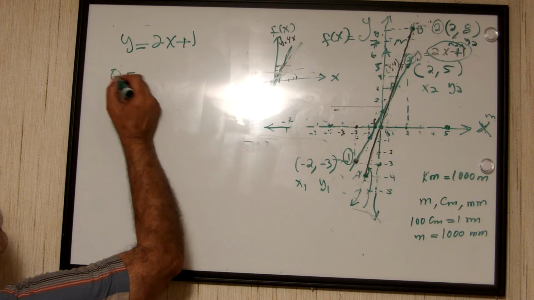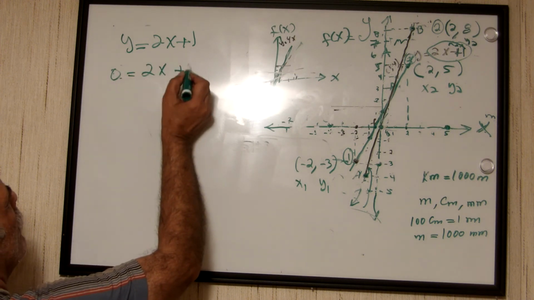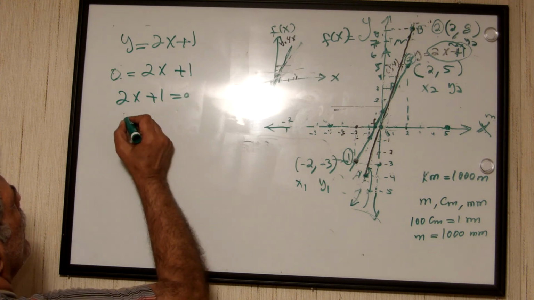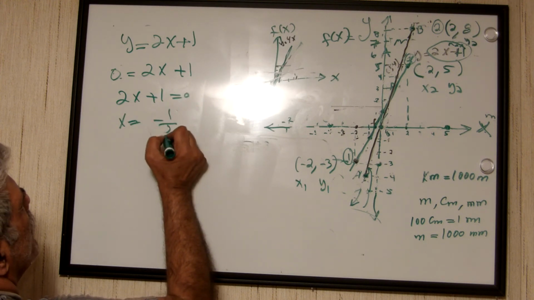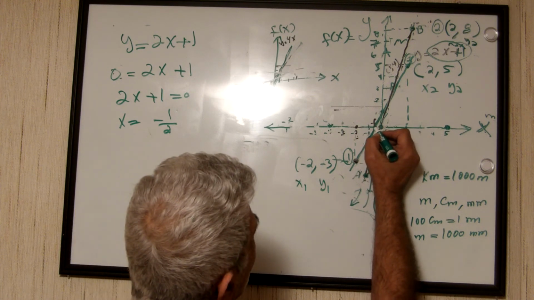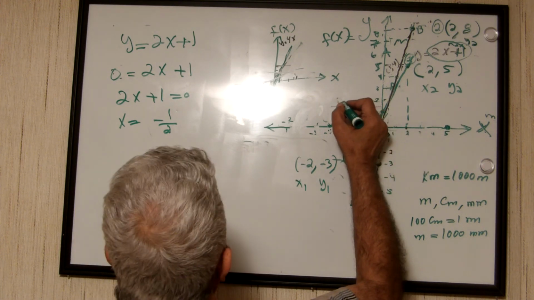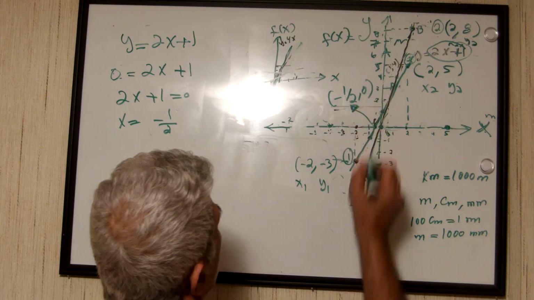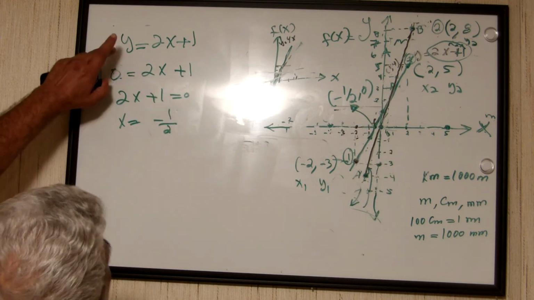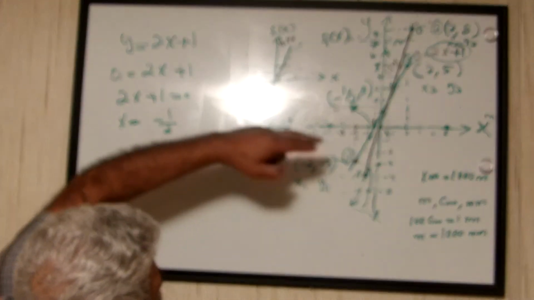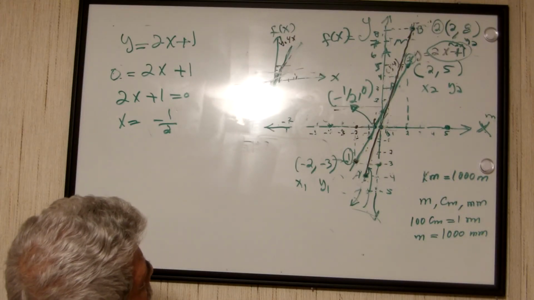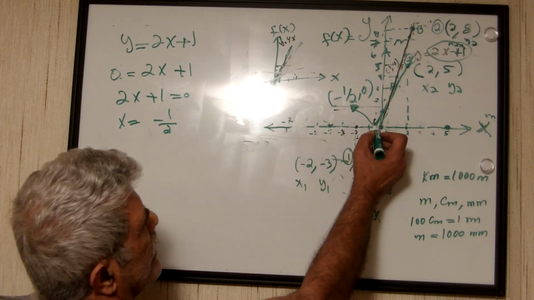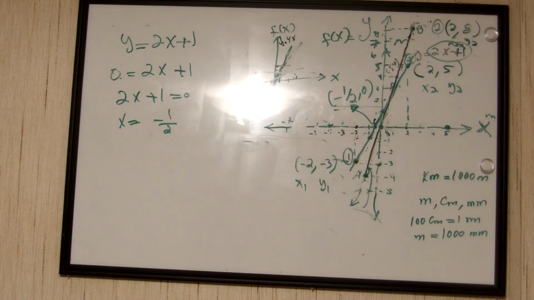So 2x plus 1 is equal to 0, and x is equal to minus 1 over 2. See, actually it crosses here. The coordinates are minus 1 over 2 and y is 0, because we put y as 0 where it intersects the x-axis.